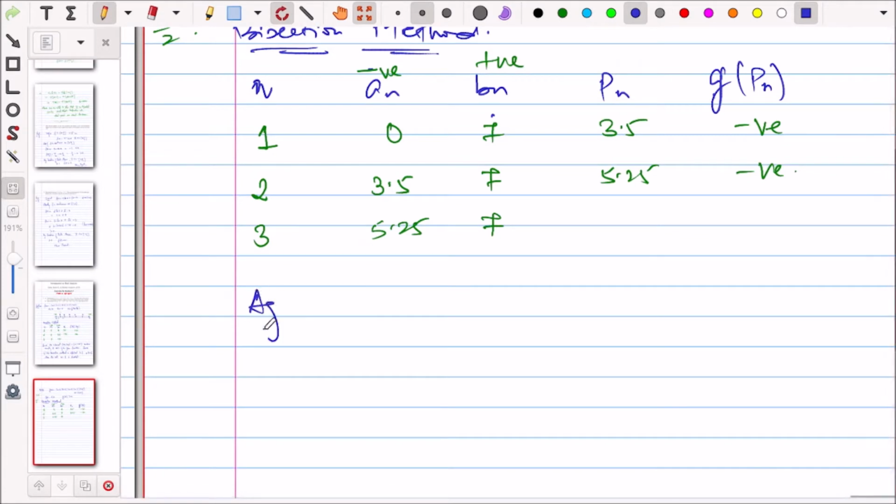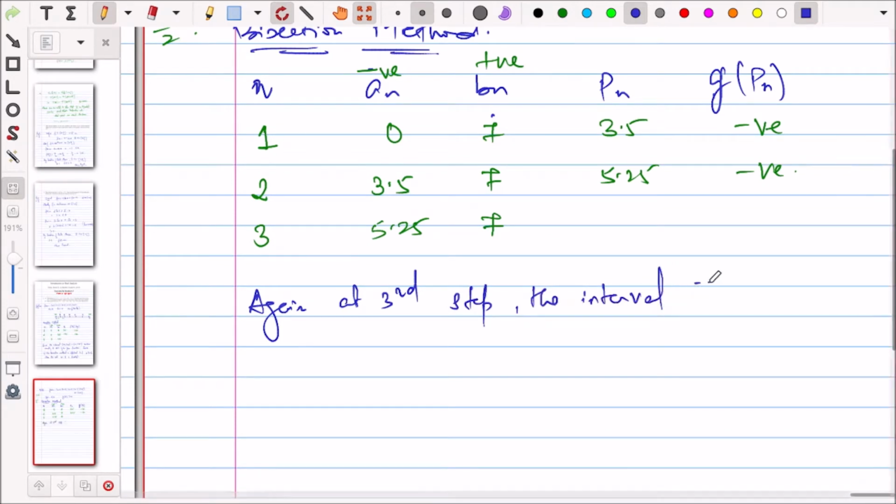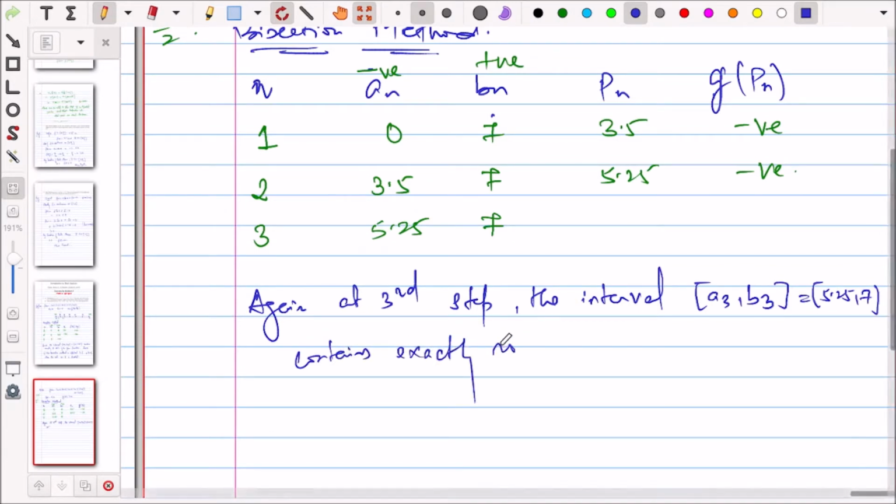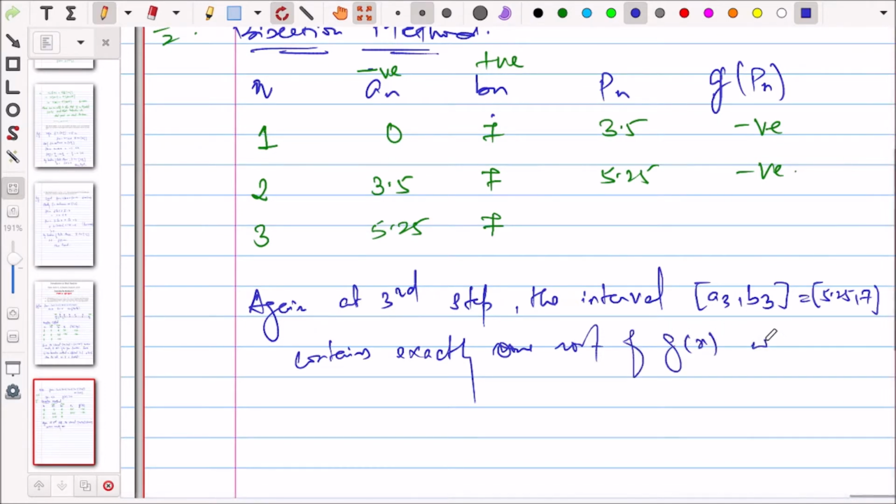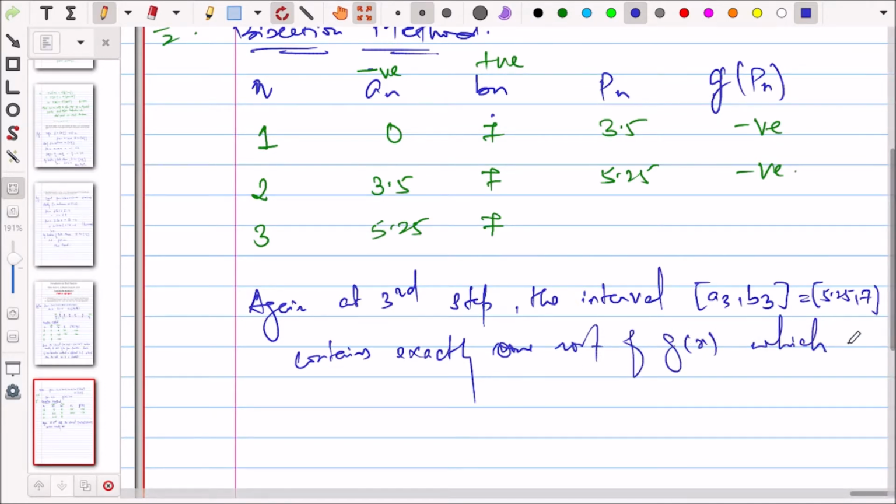So again, at the third step, the interval A3, B3, which is equal to 5.25 and 7, contains exactly one root of g(x), which is x equal to 6.